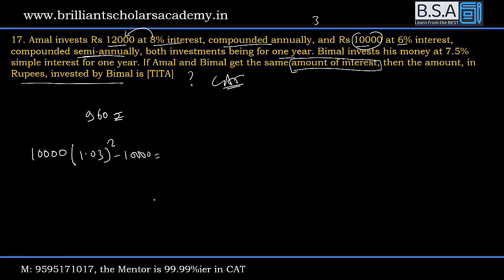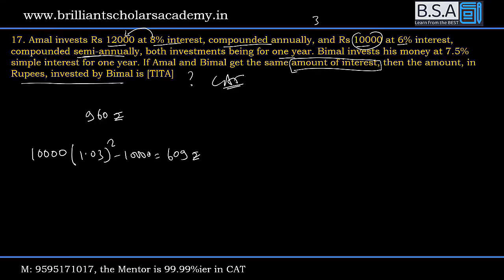This is the amount of interest generated. 10,000 multiplied by 1.03 square minus 10,000. So we have 609 rupees interest.